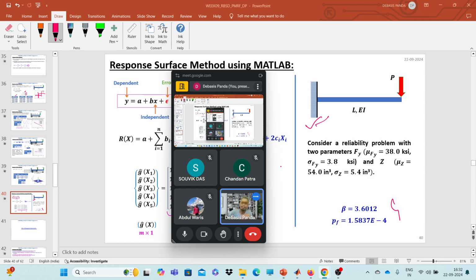So this was all about how we can solve the response surface method, and how we can solve second order or first order reliability problems if we don't have the limit state in closed form, or explicitly defined in terms of the basic variables. Okay, so let's quickly solve some problems, then we will discuss.